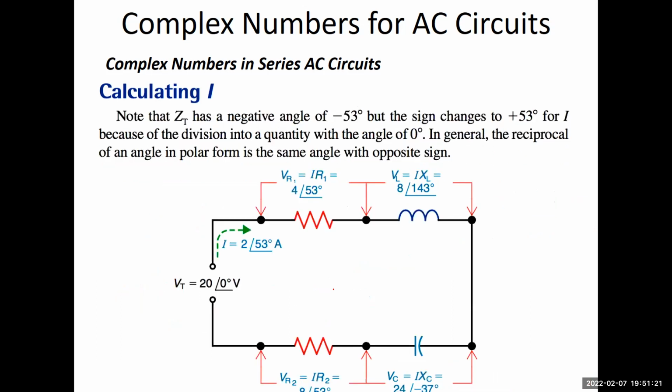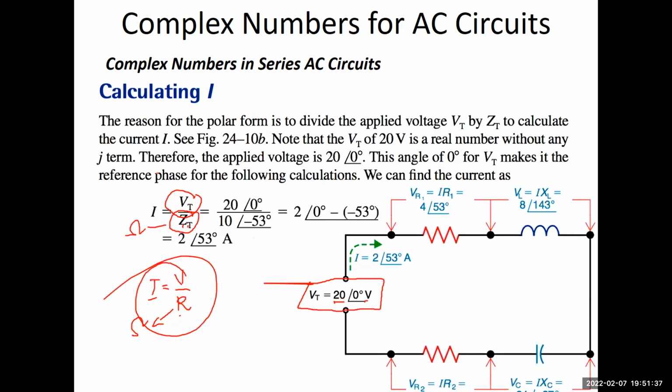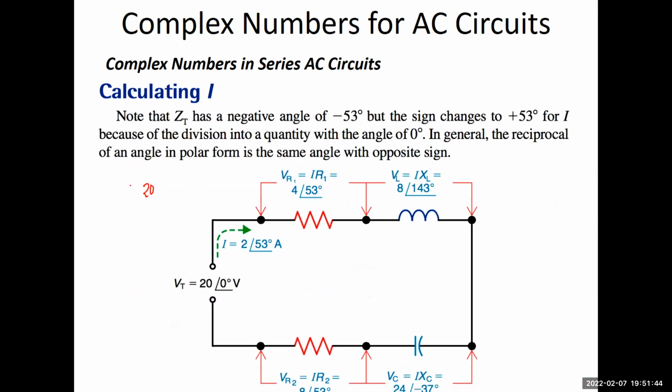So the next thing we have to do is we divide 20 with a phase angle of 0 degrees by 10 with a phase angle of negative 53 degrees. So 20 divided by 10 is 2.